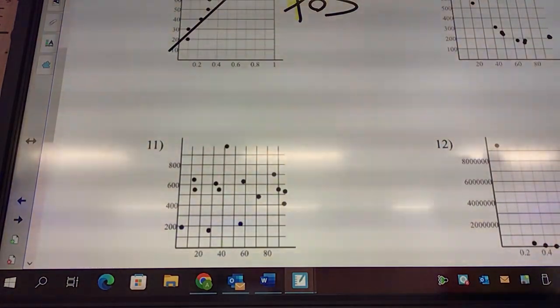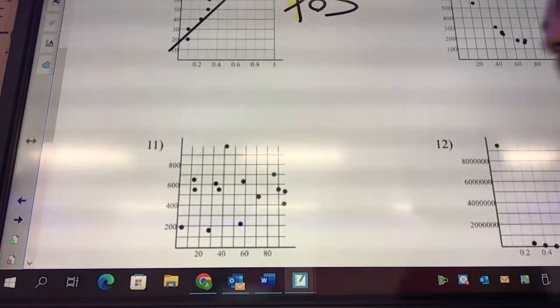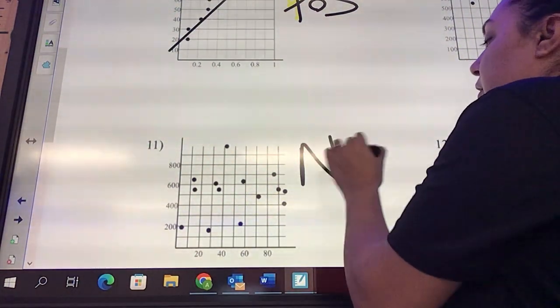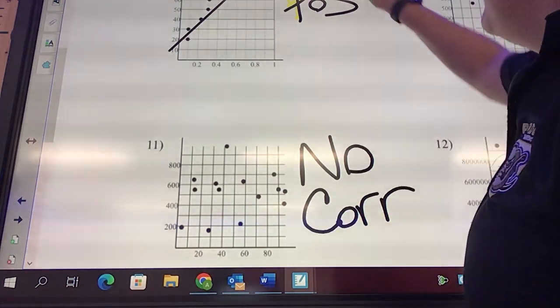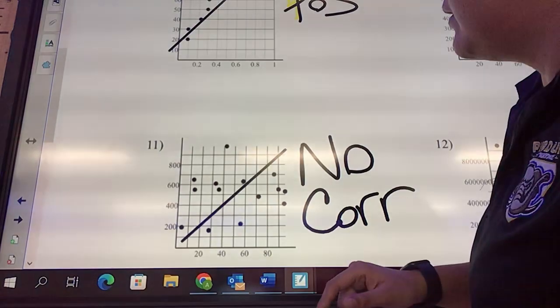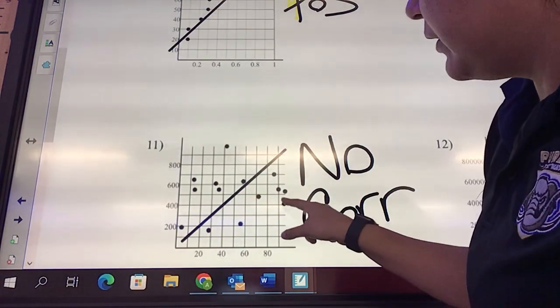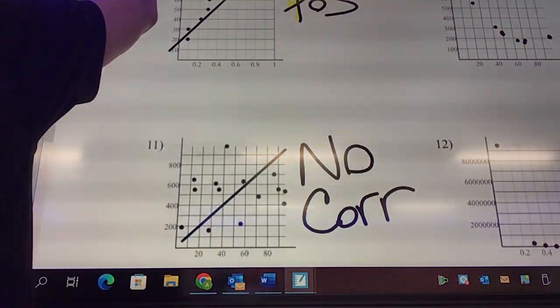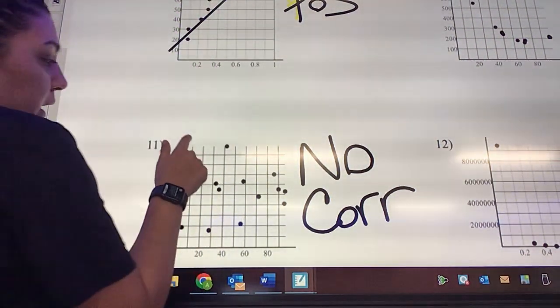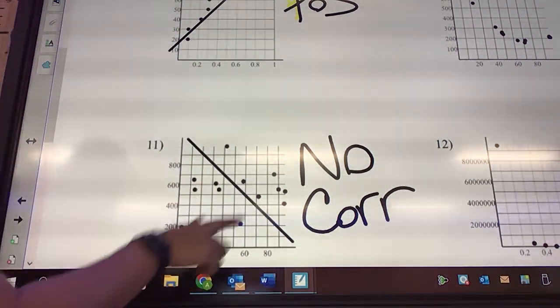Okay, 11, what's going on there? 11 is going to be no correlation. If I made a line going like this, those dots are here, here, here. That does not work out. Whereas if I made a line going this way, same thing, I got some here, here.